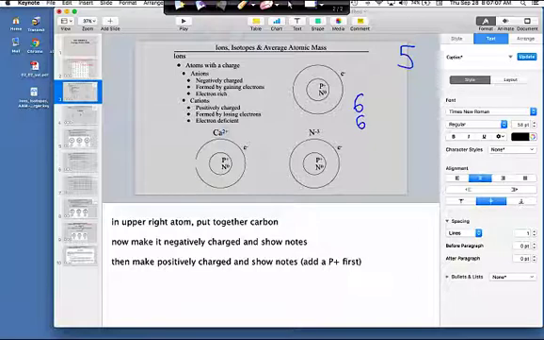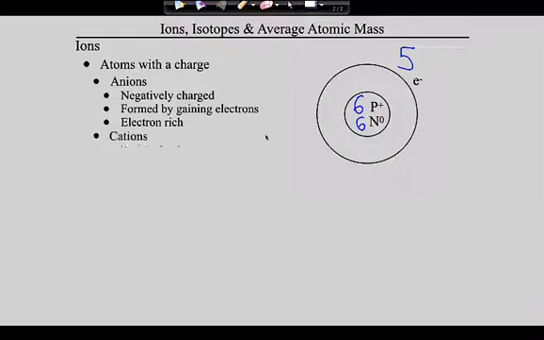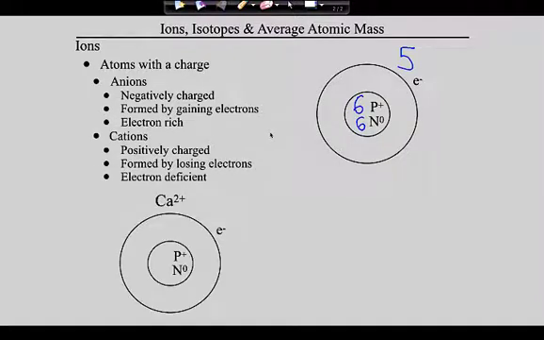It should actually be calcium 2+. We may as well do it right. Okay, so here we go. Put together a calcium 2+ ion. That means it's got a +2 charge.